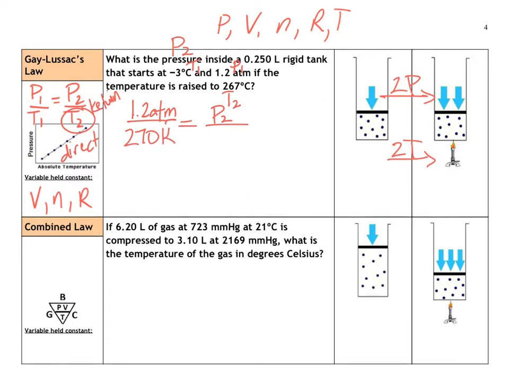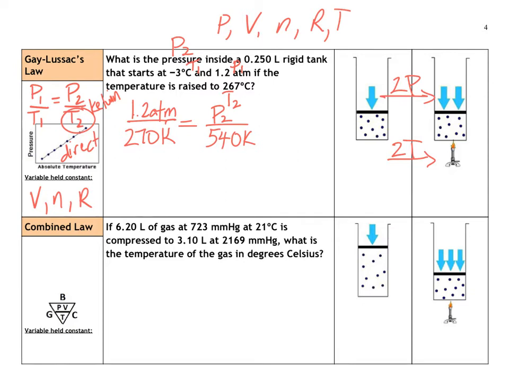And then, of course, T2, when you add 273 to 267, you will get 540. Notice how the temperature has doubled. The temperature has doubled in the before and after. And so we should expect the pressure to double as well.